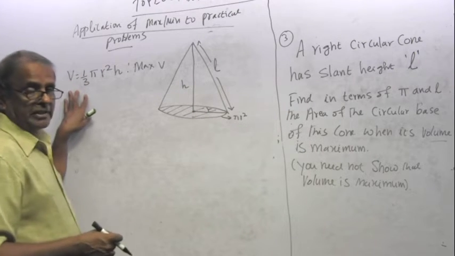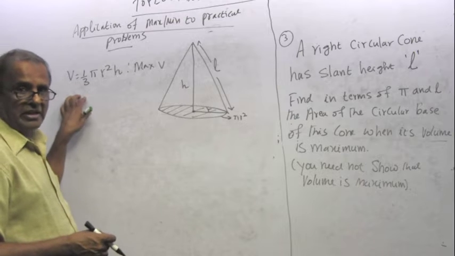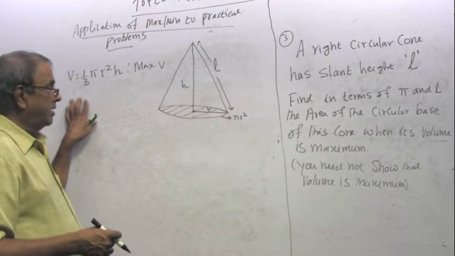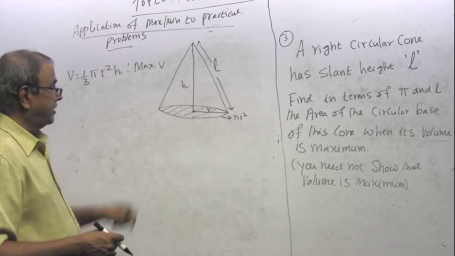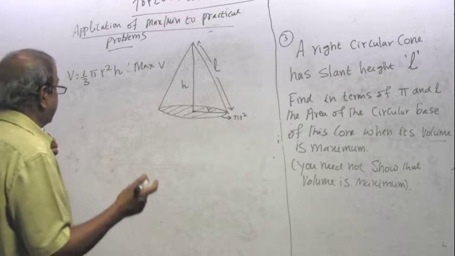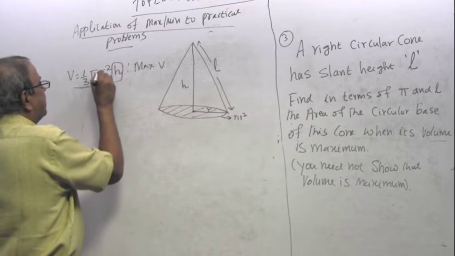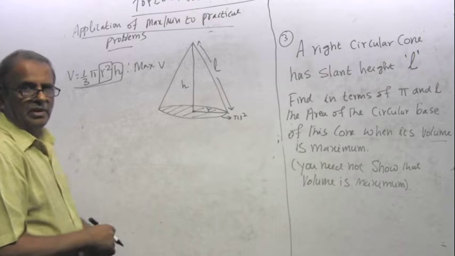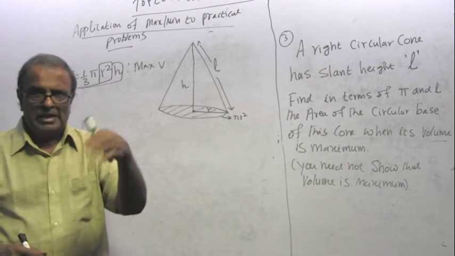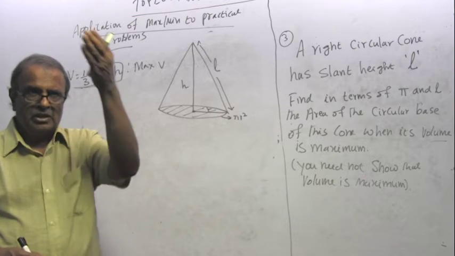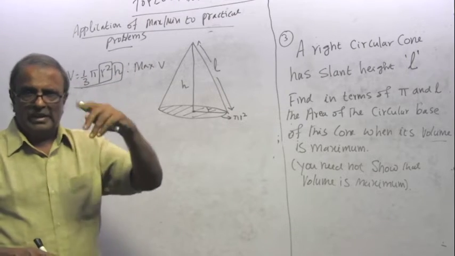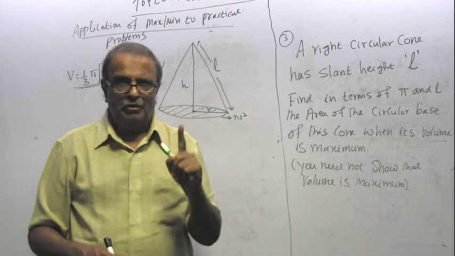Write down an expression for the quantity that should be maximum or minimum in terms of the variables. But then I cannot differentiate this because I have an h and an r. Then use information given in the question to reduce everything to one variable before differentiating.